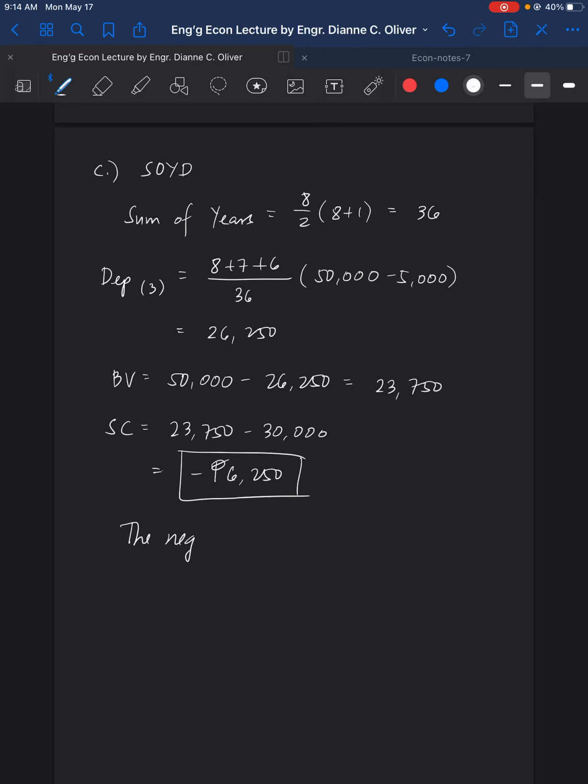Okay, the negative sign means that the amount is not a loss but a gain. So that's for the sum of years digit method.